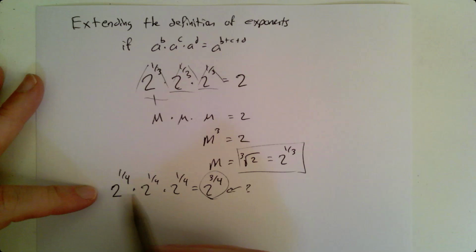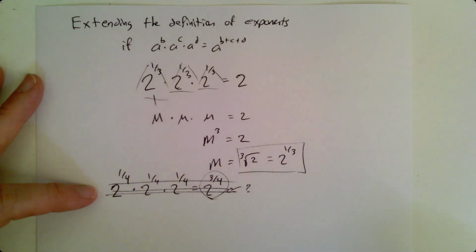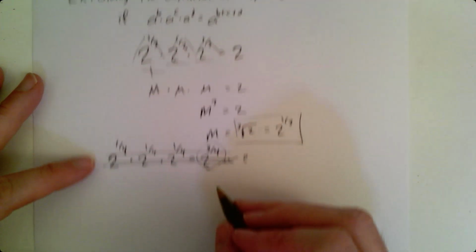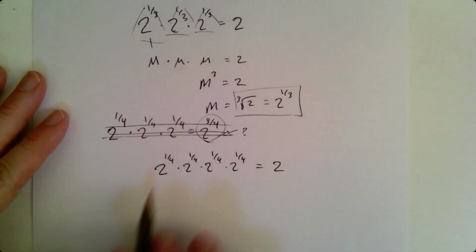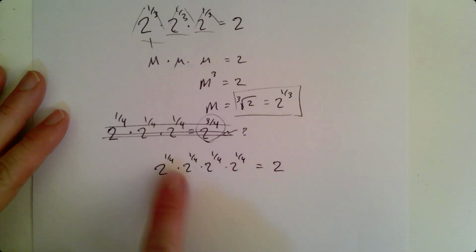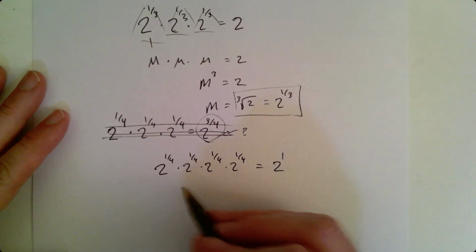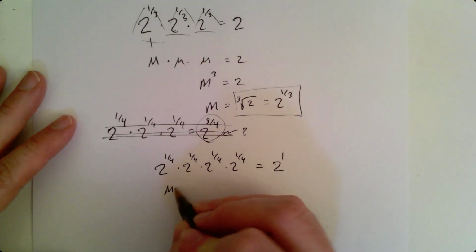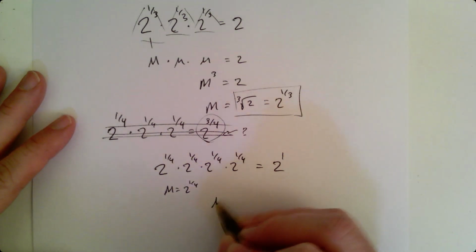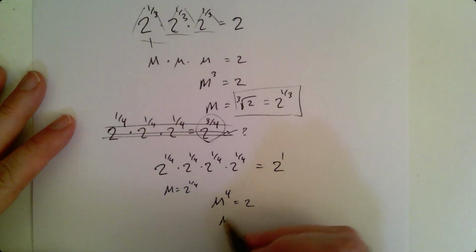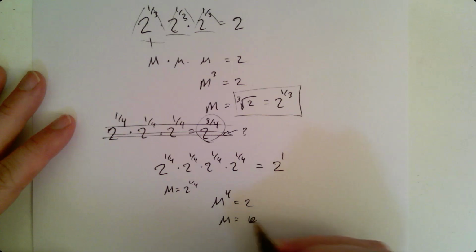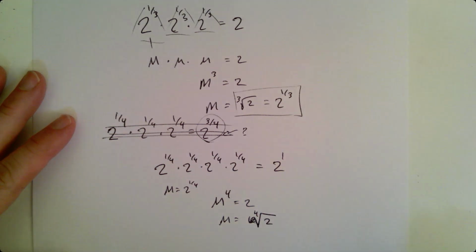So instead of doing it 3 times, it would make sense to do it 4 times. If we had 2 to the 1/4 multiplied by itself 4 times, again, we know that the exponents should add together to give us 2 to the 1st power. And so now, if we say m is 2 to the 1/4, we've got m times itself 4 times equaling 2. And that means m should be the 4th root of 2.